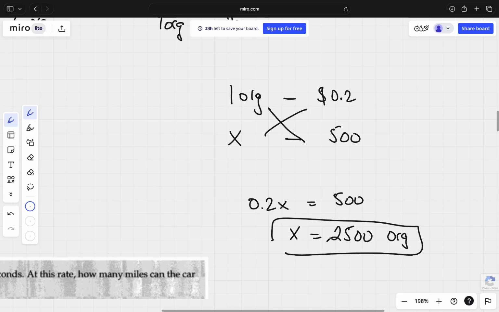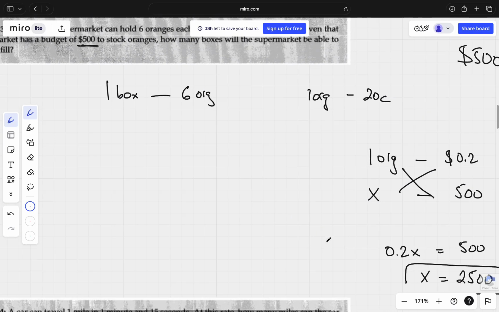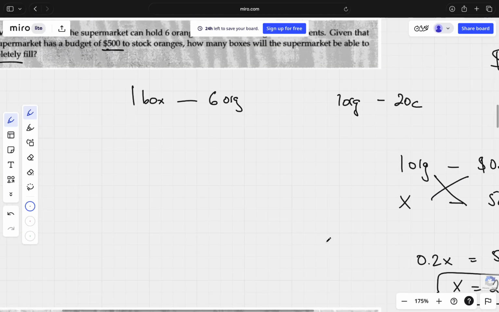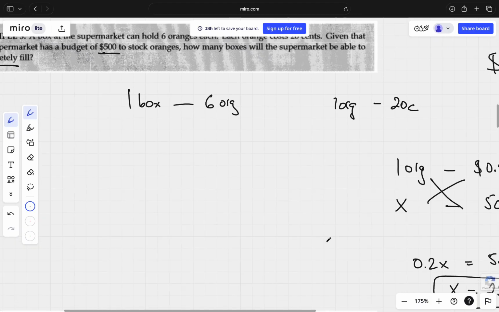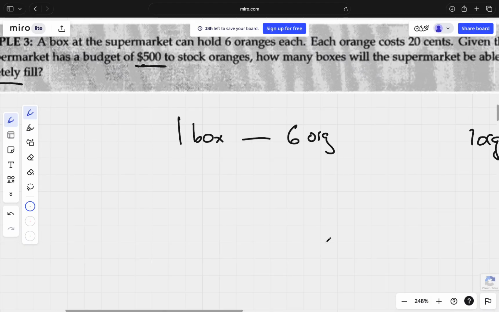Now we'll use this over here. So one box contains 6 oranges. We have 2500 oranges. So x is going to be 2500 oranges.